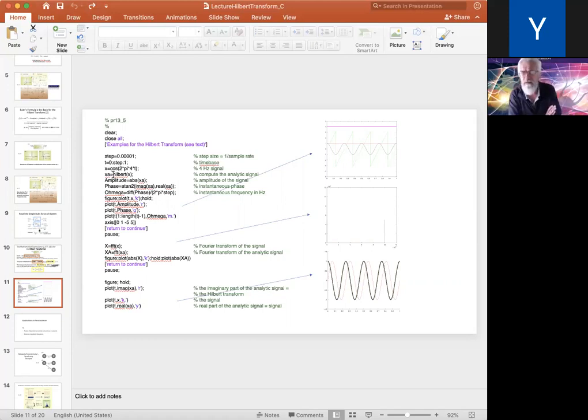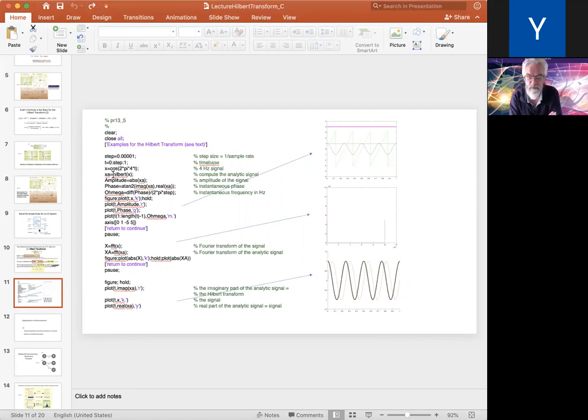It's a bit confusing, because the Hilbert command in Matlab does not produce the Hilbert transform, but it produces the analytic signal. So it's basically the signal plus j times the Hilbert transform. They should have called it analytic instead of Hilbert, but well, it's above my pay grade.